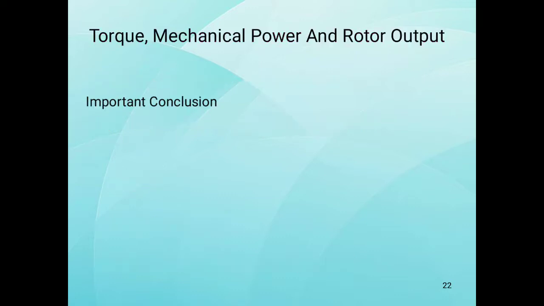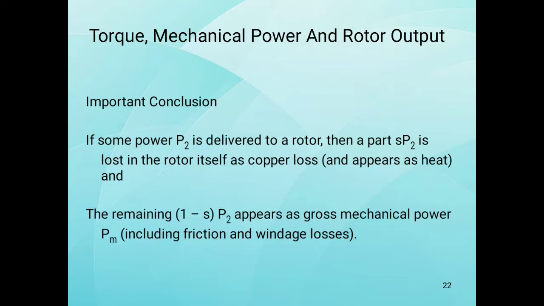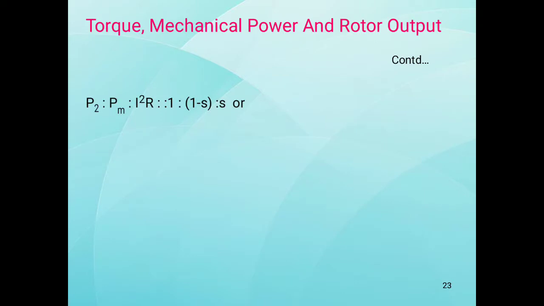So here the conclusion is: if some power P2 is delivered to a rotor, then a part S P2 is lost in the rotor itself as copper losses, so it appears as heat, and the remaining (1 minus S) P2 appears as gross mechanical power Pm, including friction and windage losses.